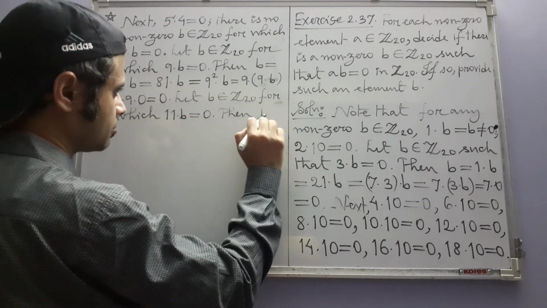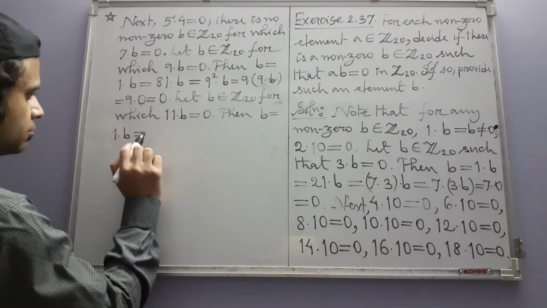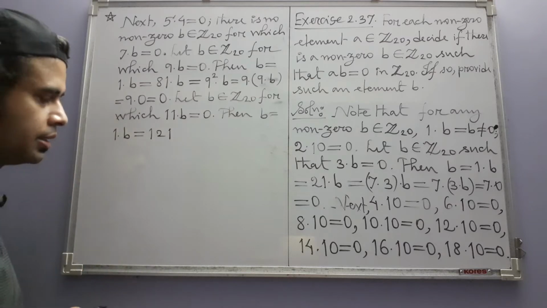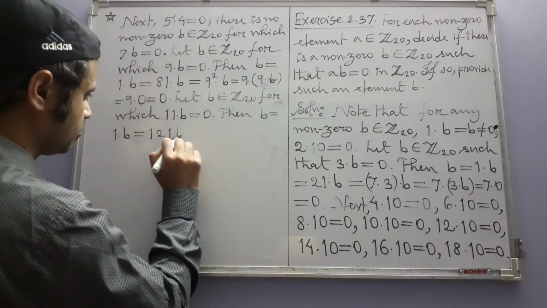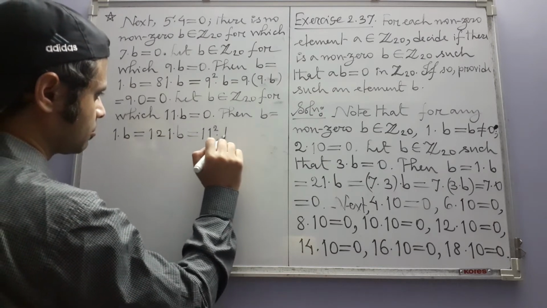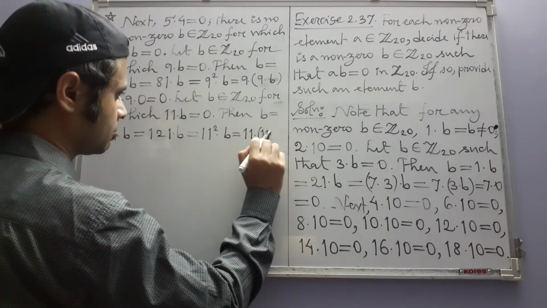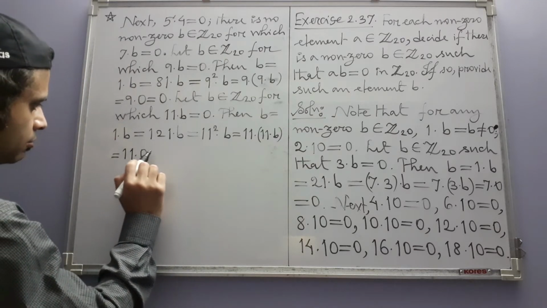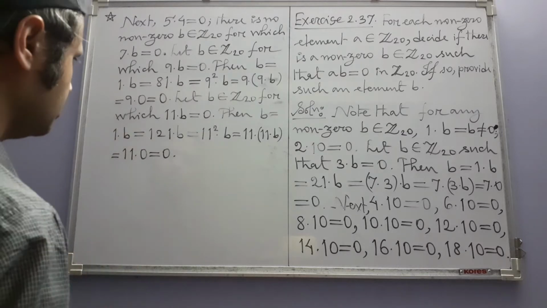Then one is equal to 121 because 20 divides 120. So for 11 also no such b.